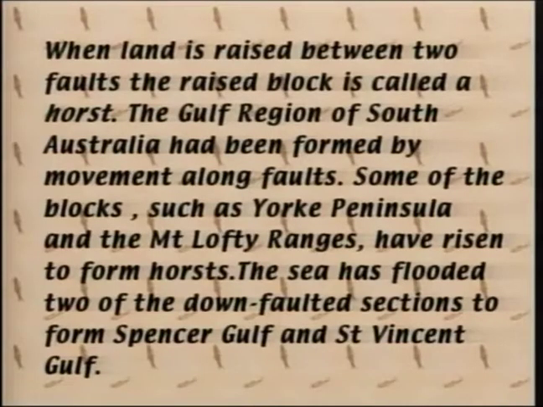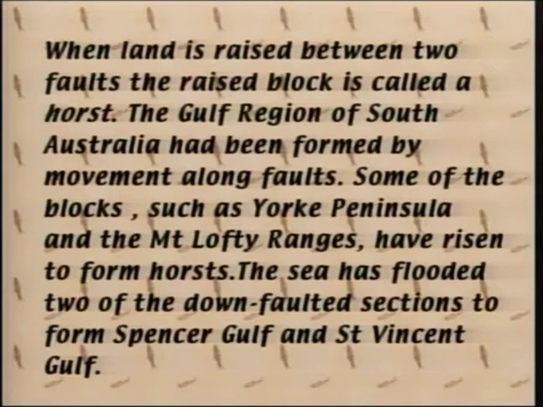Note that when land is actually raised between 2 faults, the raised block is called a horst. Another region in Australia of which we are going to do our activities on now is going to be the Gulf region of South Australia. So now you go to the map on page 40 and 41.